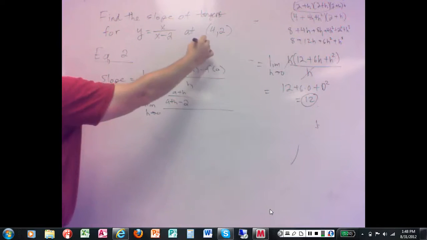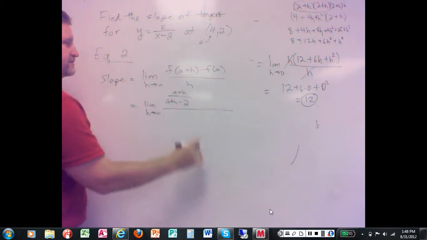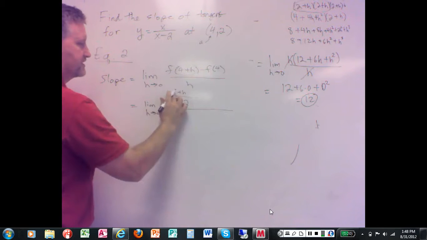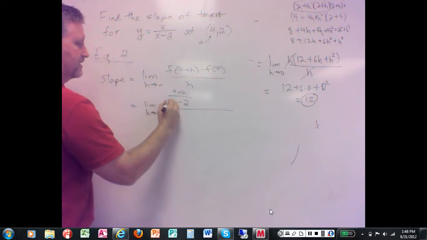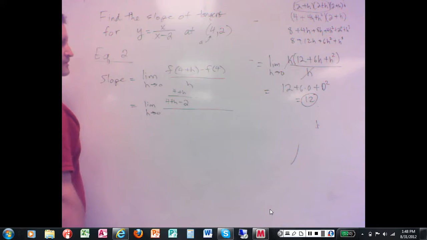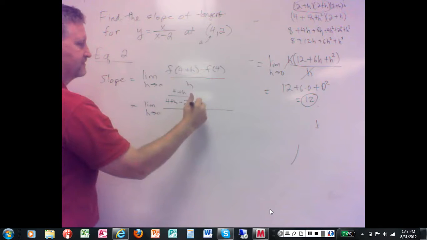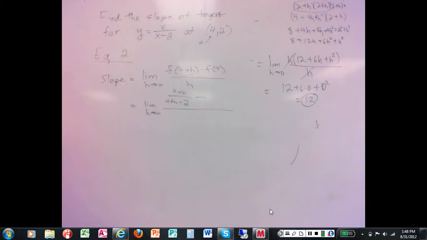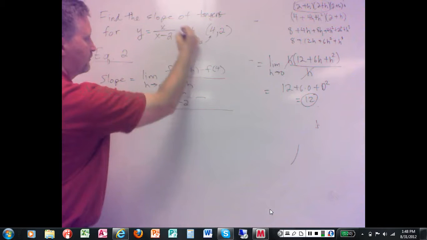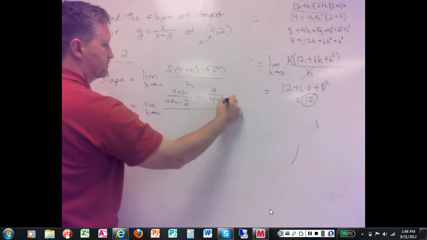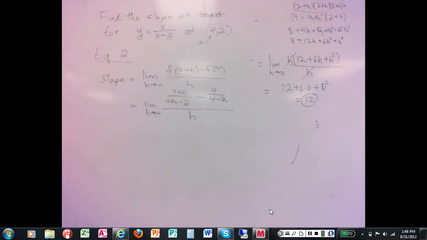Oh, and I forgot, we do have a here, don't we? A is 4, so let's replace the a by 4. So it's 4 plus h over 4 plus h minus 2. We do know a is 4 here. I was thinking a little far ahead there. F of 4 then would be 4 over 4 minus 2. And then we still have over h.